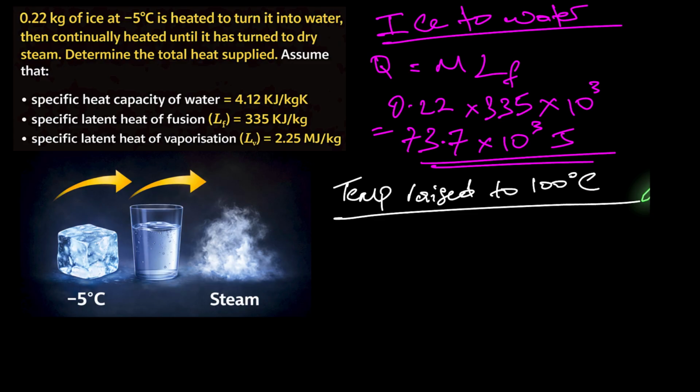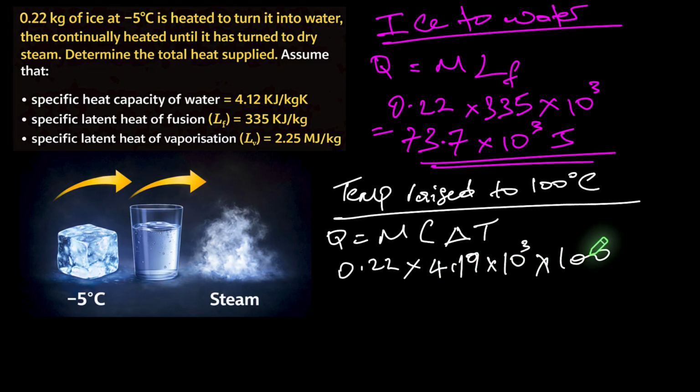Now for this, we have the formula Q, again for heat energy, equals M for mass times C, which stands for specific heat capacity of water in this case, multiplied by the change in temperature. So if we substitute our quantities, we have the same value for mass, 0.22, multiplied by our specific heat capacity of water, which is 4.12 kilojoules per kilo kelvin, multiplied by 100.